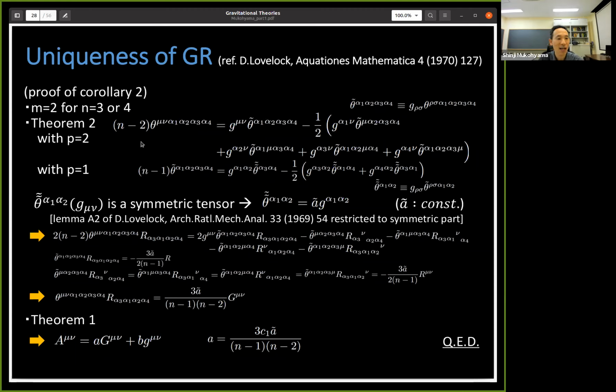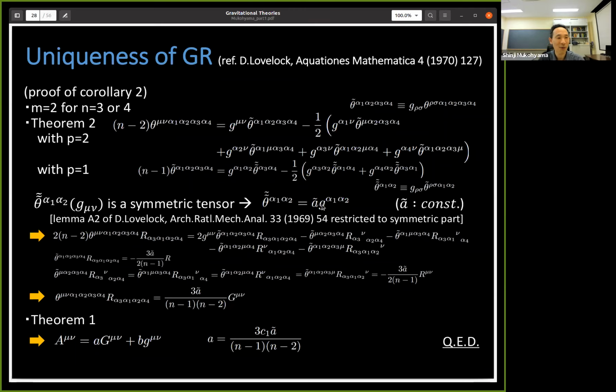So let's consider theorem 2 again with p equal 1, and then we have this. Now this is maybe simple enough. The theta tilde has just 2 indices, it is symmetric, and it is constructed from the metric. So this should be proportional to the metric. There is no other choice.